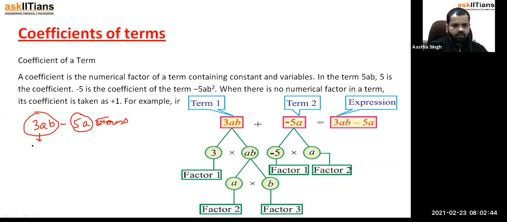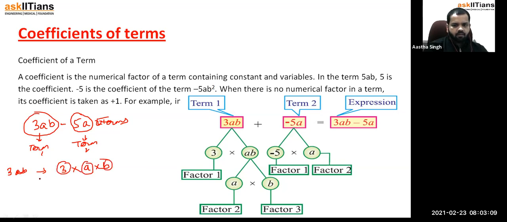If this is your term 1 and this is your term 2. So if you factorize term 1, 3ab, it is basically made up of 3 into a into b. So basically there are three factors.